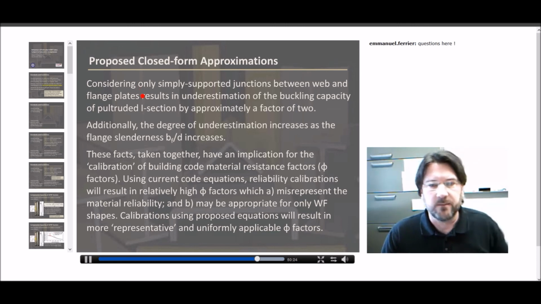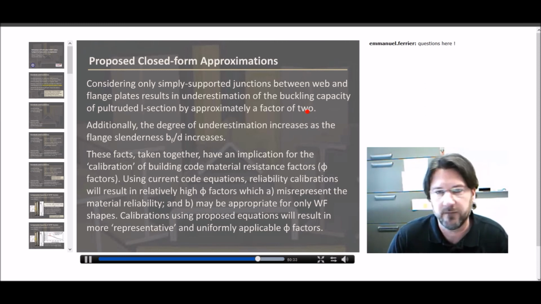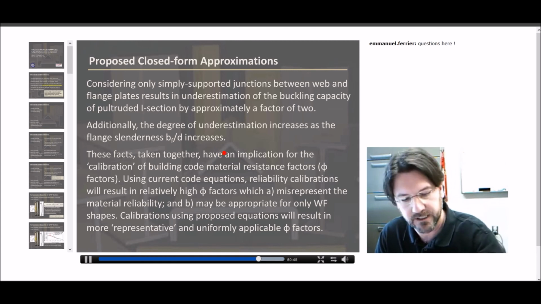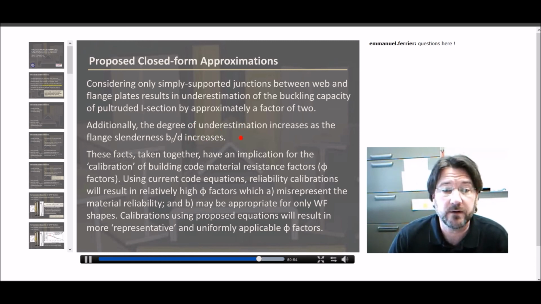So if we consider the simply supported junctions between the web and the flange, what we see is that we get a significant underestimation of the buckling capacity by a factor of approximately 2. And so a very poor representation of what's really going on, albeit the equations are relatively simple. In addition, this degree of underestimation increases as the flange slenderness increases. And so we get into these practical sections having very slender flanges as they're often delivered or as they're fabricated, we get an even greater underestimation.